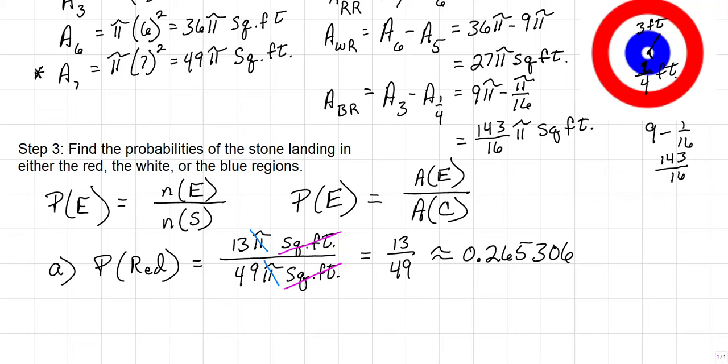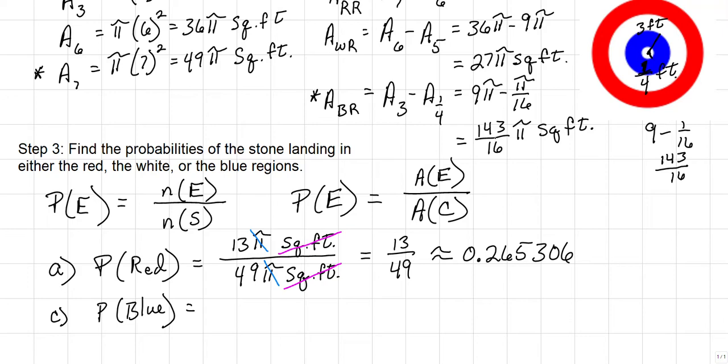Now let's talk about the probability of the blue region before we do the probability of the white region. And so that was part C. So the probability of blue is simply going to be equal to the area of the blue ring, which we found right here.